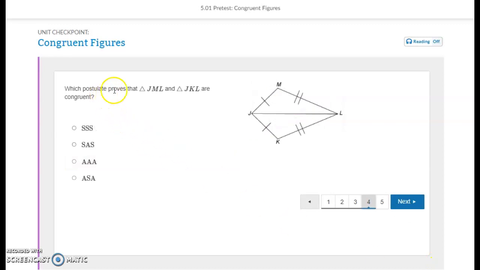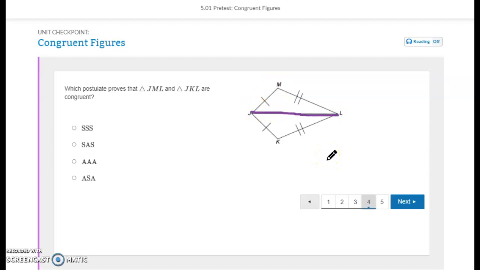Next, which postulate proves that these two triangles are congruent? Again, they only gave us two pieces of information for each triangle. These two with the dashes are congruent, and these two with the doubles are congruent. What's the last piece of information? None of these angles can be concluded to be congruent just by looking at the diagram, but they do share side JL.